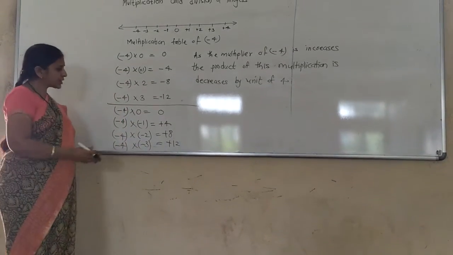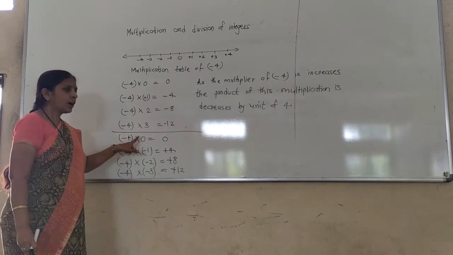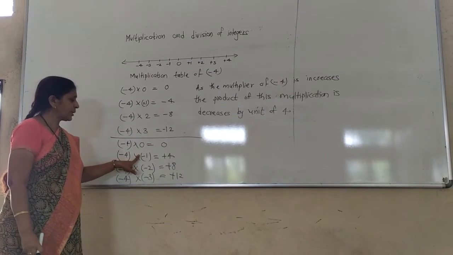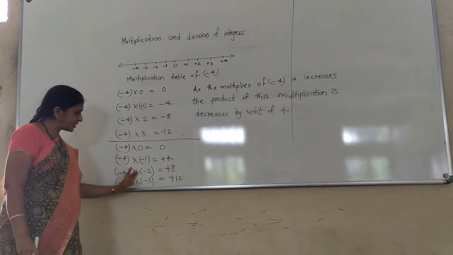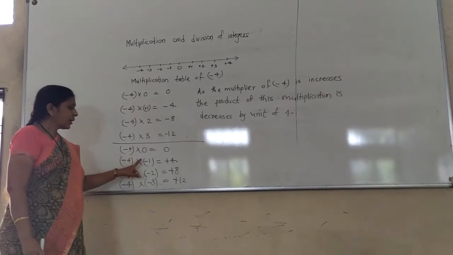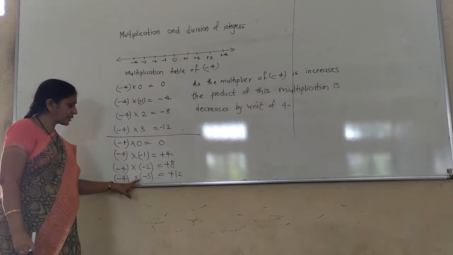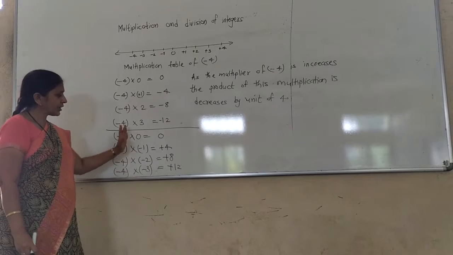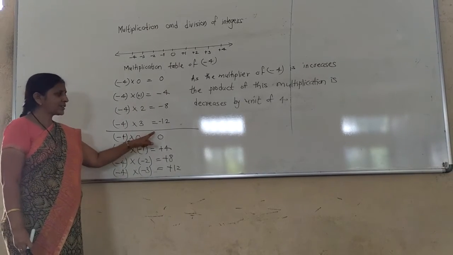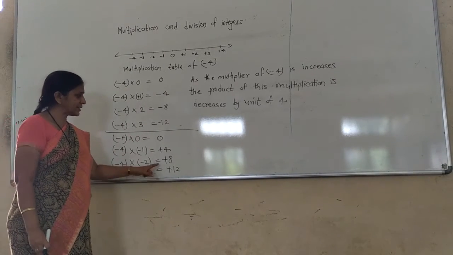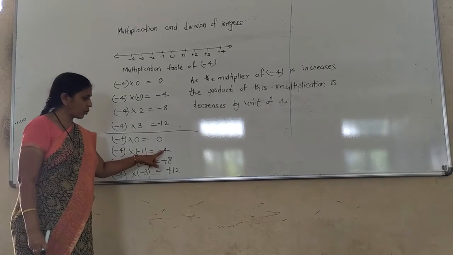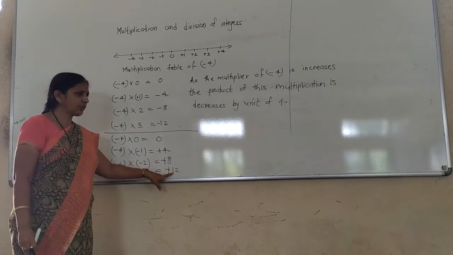Now in this multiplication you can see that our multiplier becomes smaller and smaller, it decreases. Minus 2 is less than minus 1, minus 3 is less than minus 2. So here our multiplier decreases, and see the product, here the product increases by unit of 4. 4 becomes 8, 8 becomes 12.